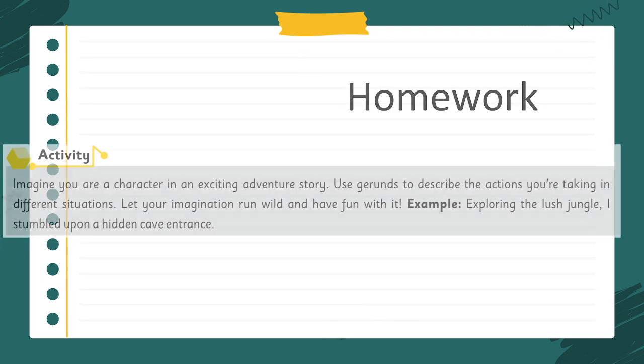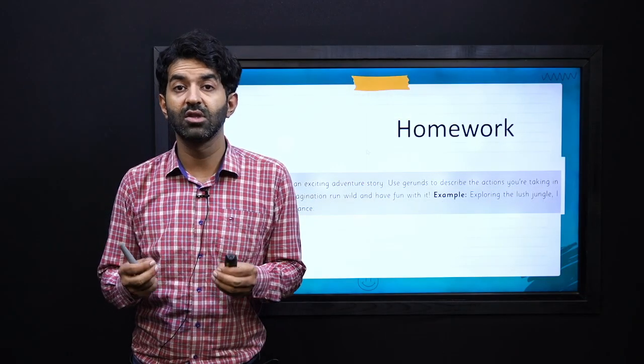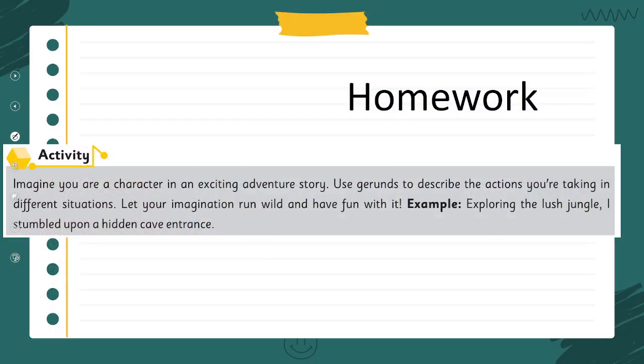Now, for practicing the gerunds, we have an activity as homework. You have to imagine that you are a character in an exciting adventure story, and you have to use the gerunds, as we talked about, to describe the actions you are taking in different situations. Let your imagination run wild and have fun with it.